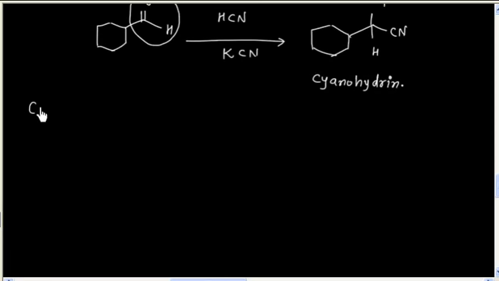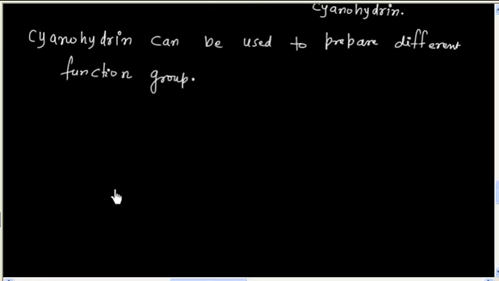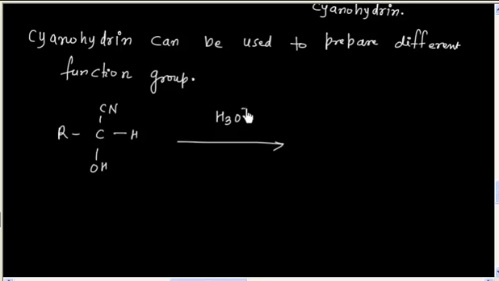Cyanohydrine can be used to prepare different functional groups also. For example, if you have prepared this cyanohydrine, this can be hydrolyzed and that will give acid.